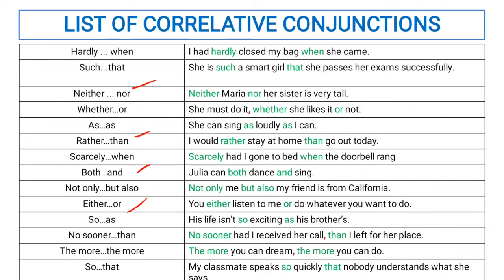And in general, we don't use commas with correlative conjunctions. So, take a screenshot here and read all these examples carefully. Understand the usage of each correlative conjunction and use them in your day-to-day sentences.